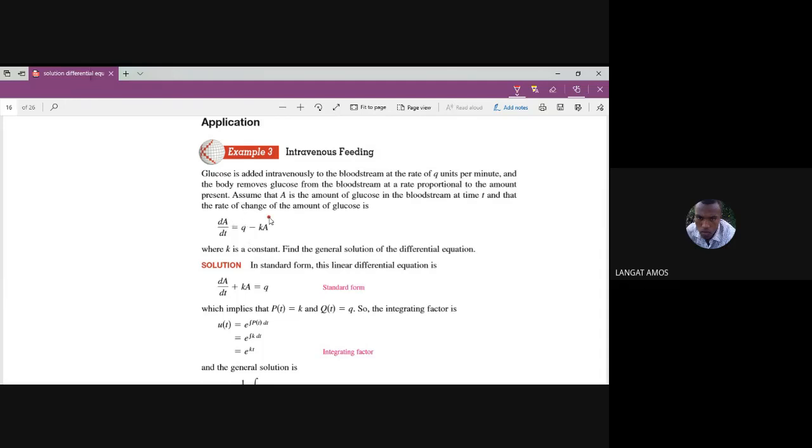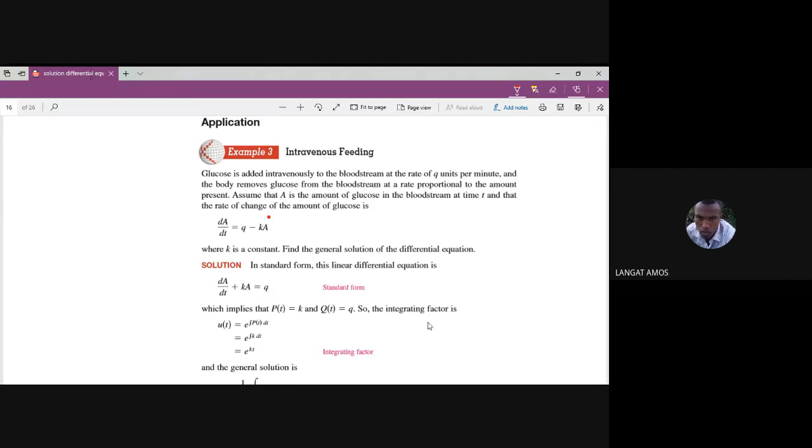Which implies that p(t) equals k and q(t) equals Q. Remember, p(t) is the same as p(x), but this one is time, since you are differentiating with respect to t. So p(t) is k, and q(t) is Q, small q.